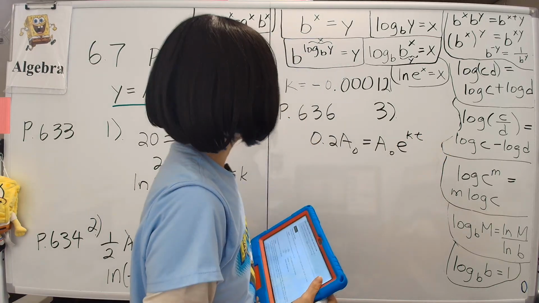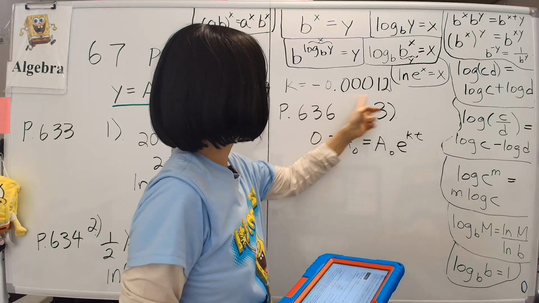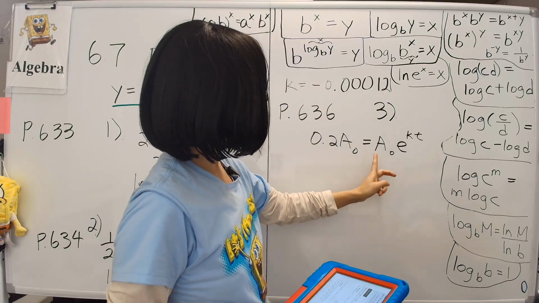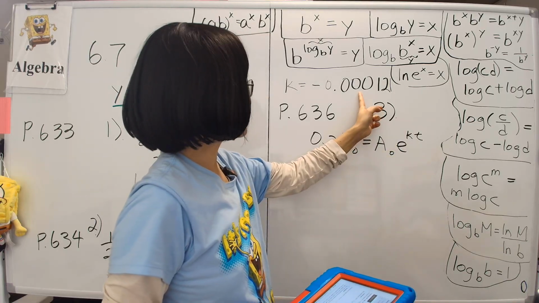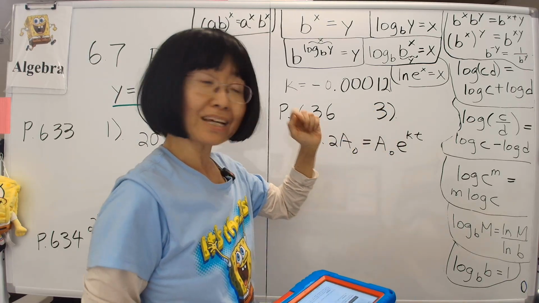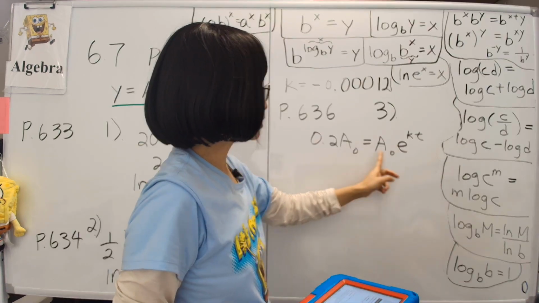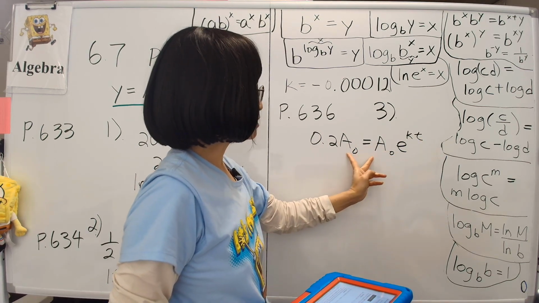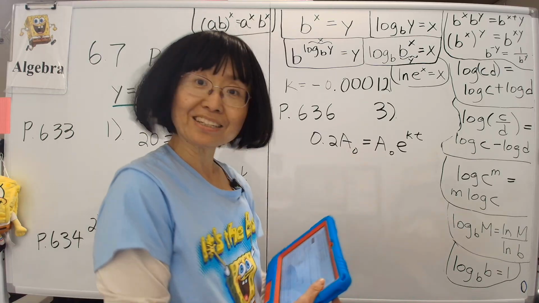Now in this case, we just figured out in the previous problem what k is. k is this extremely small number right here. Okay, so right here, we know what k is. So we can just type that in, even though it is quite long to type. t is what we're looking for. But what about A0? We don't know what A0 is, but we don't care because it appears in such a way that we can just get rid of it.